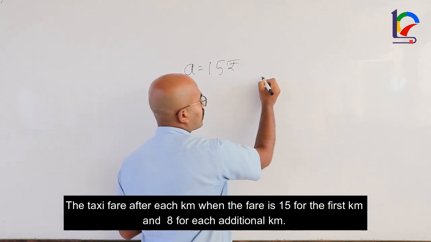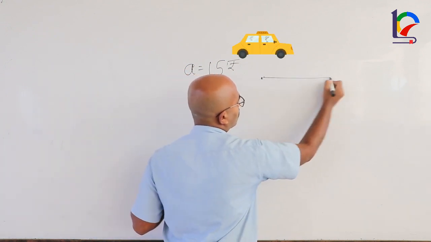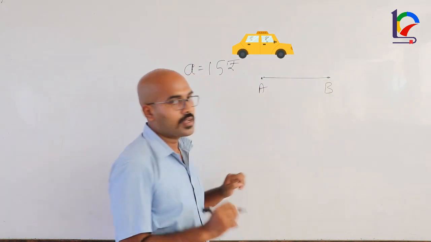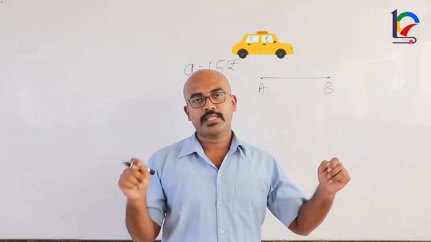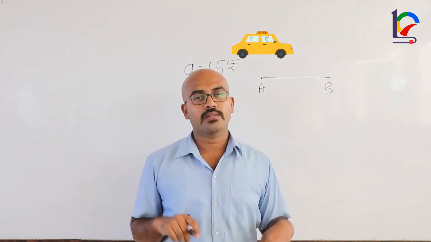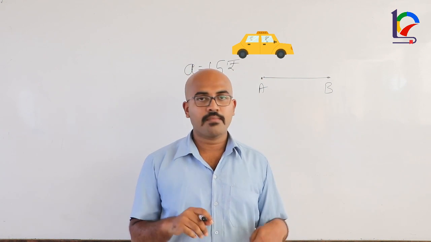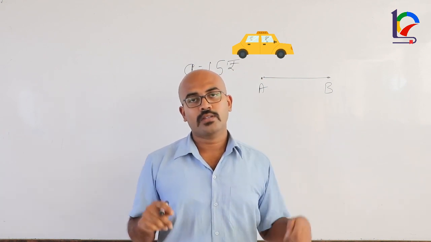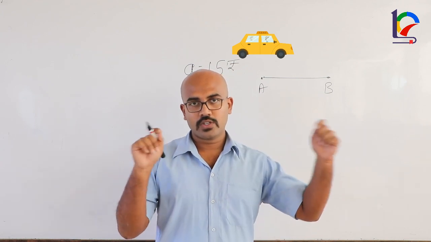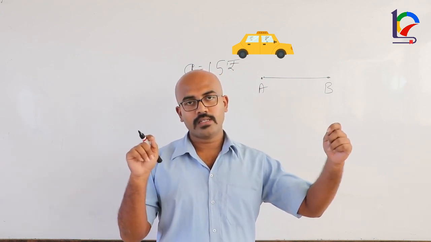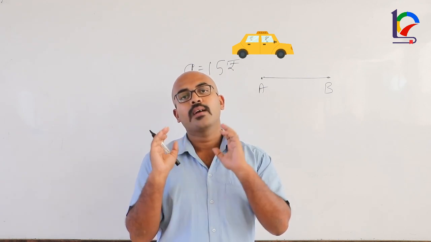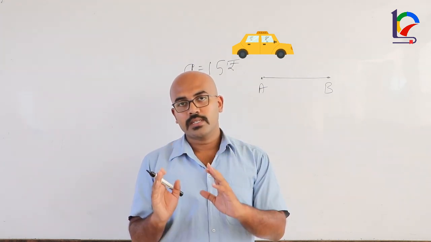So assume that there are 2 points A and B at a distance of, let us say for example, 2 kilometers. Let's start with smaller examples. For the first kilometer you will be paying 15 rupees.